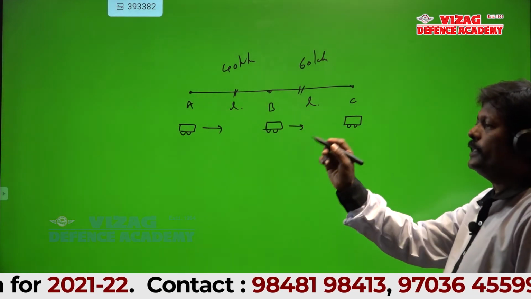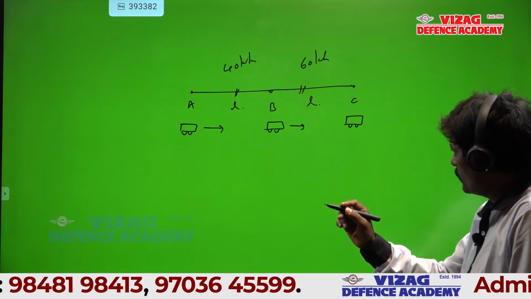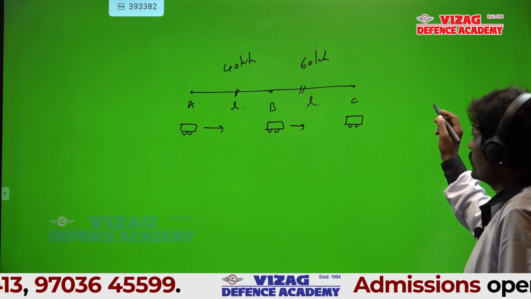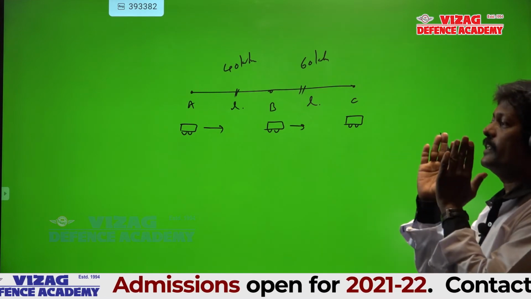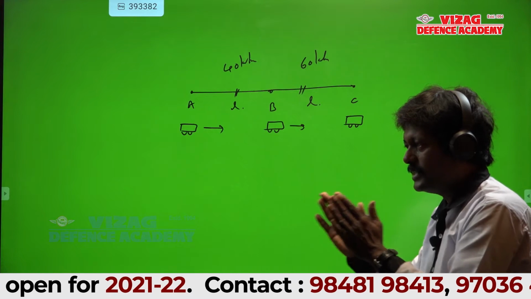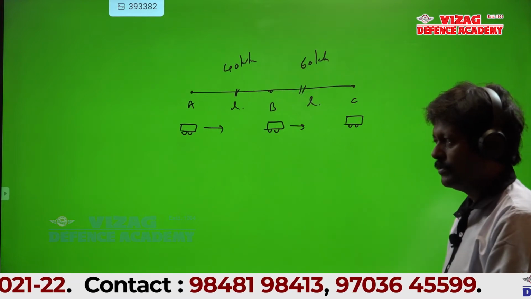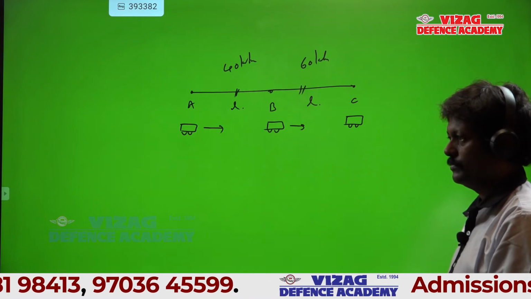From A to B it has moved with 40 kilometers per hour. From B to C it has moved with 60 kilometers per hour. In a straight line, is the displacement 0? Yes or no? No, sir.